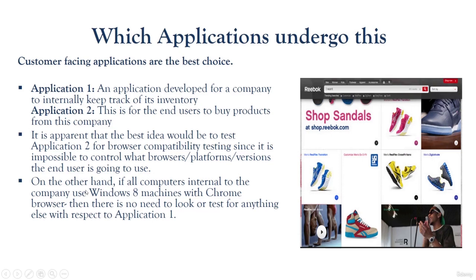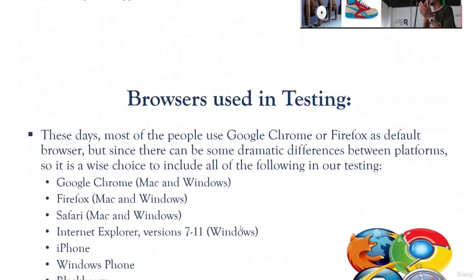On the other hand, if all computers internally use Windows 10 machines with the Chrome browser, then there is no need to test for anything else with respect to the application. But if a similar application is used outside of the premises, then you need to know about your customer journey.